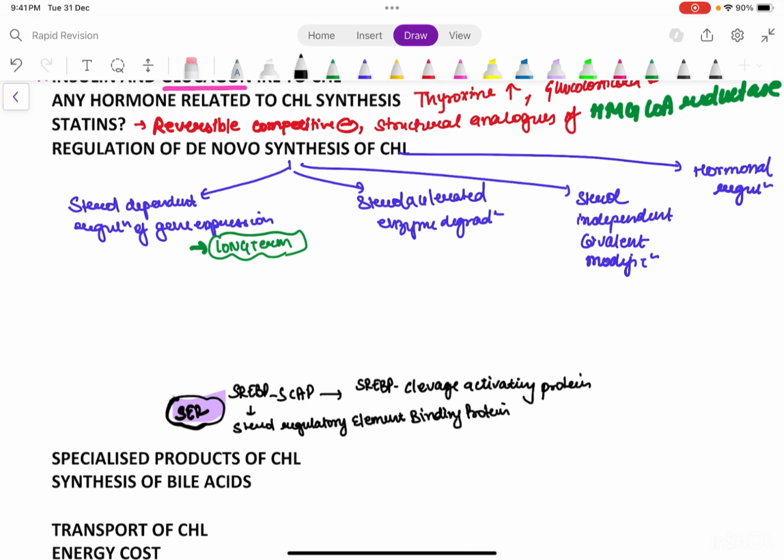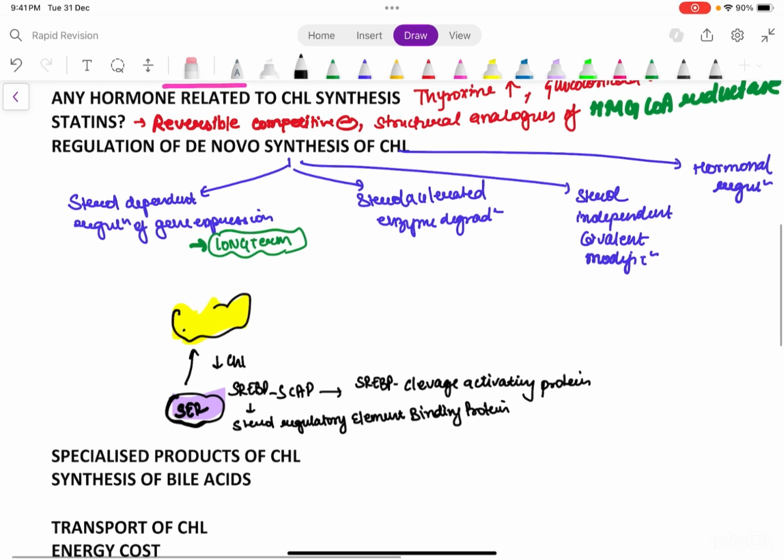Now we have the smooth endoplasmic reticulum. When there is a decrease in cholesterol, the smooth endoplasmic reticulum transfers the SREBP and SCAP to the Golgi apparatus.